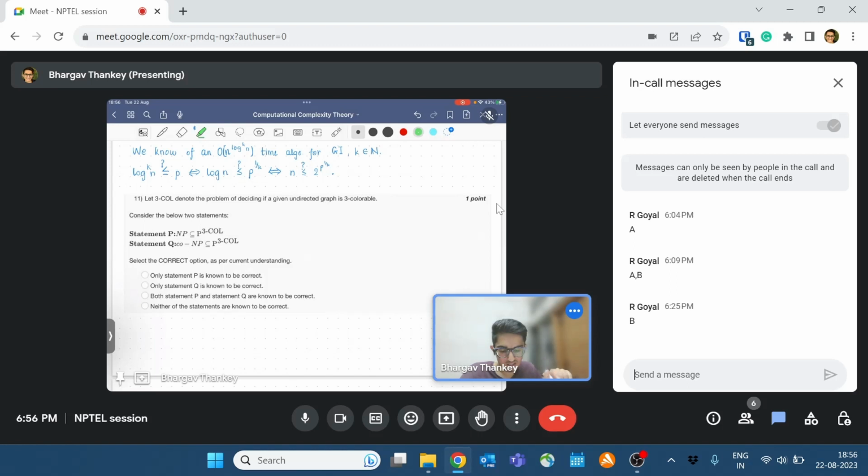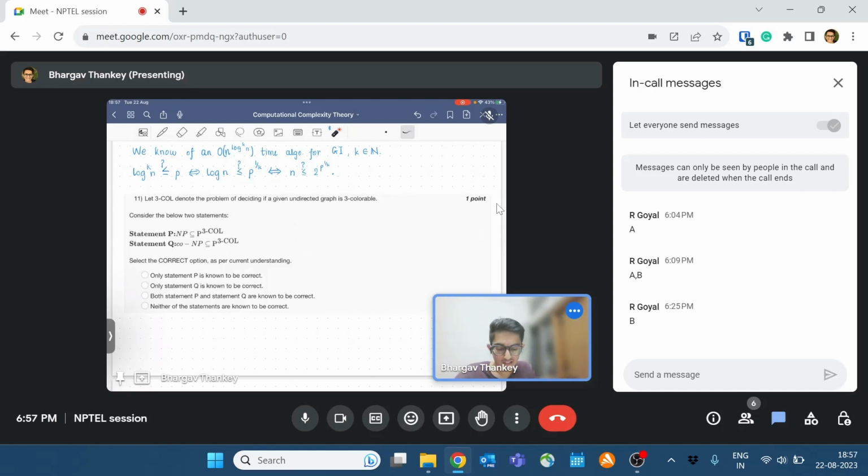Statement two: co-NP is contained in P to the three colorable. Contained or subset? When I say that set A is contained in set B, I mean set A is a subset of B. If A were an element, I would call this membership.